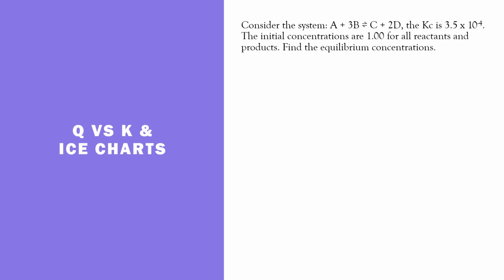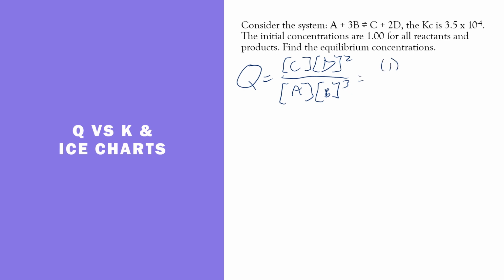So we need to write the Q expression: products C times D squared, since coefficients become exponents, over A times B cubed. Plugging in 1 times 1 squared over 1 times 1 cubed, which is nice and easy, it's just 1.